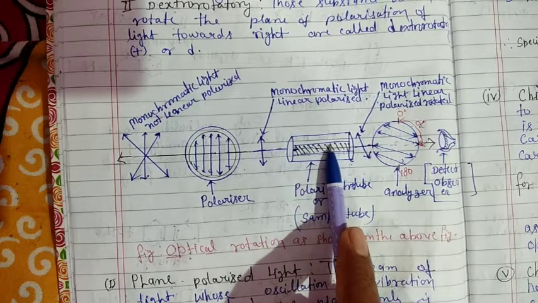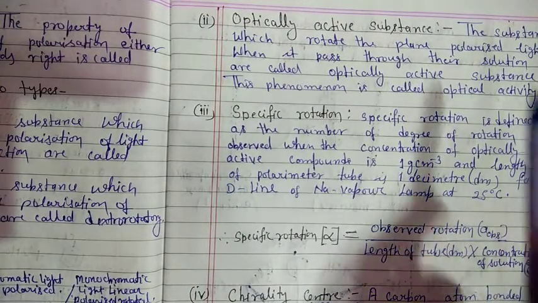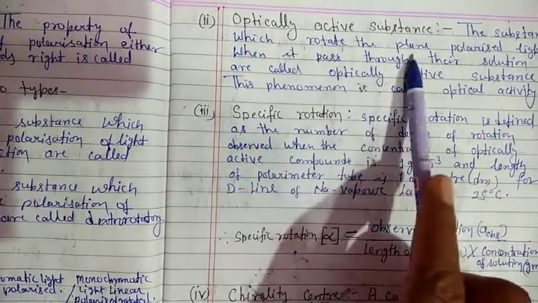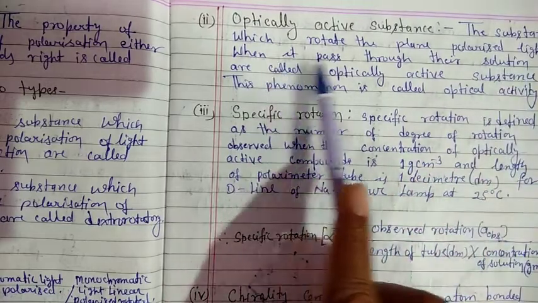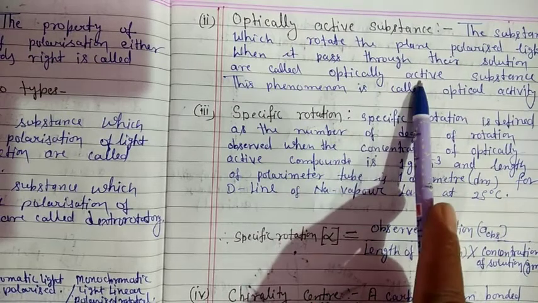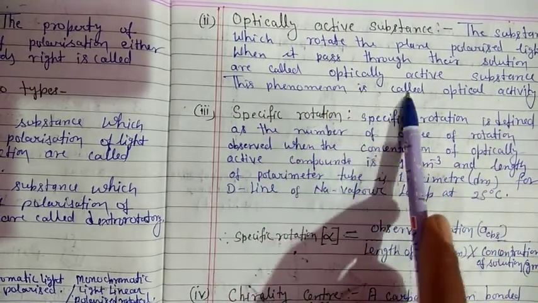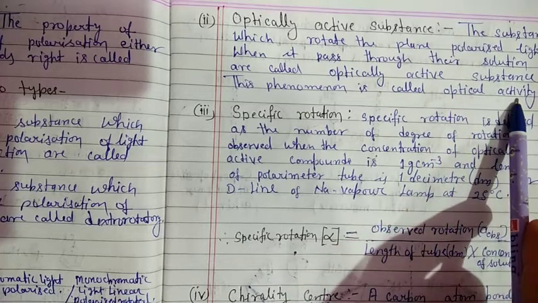Okay students, optically active substance, I repeat one more time. The substance which rotates the plane polarized light when it passes through its solution is called an optically active substance. This phenomenon is called optical activity.